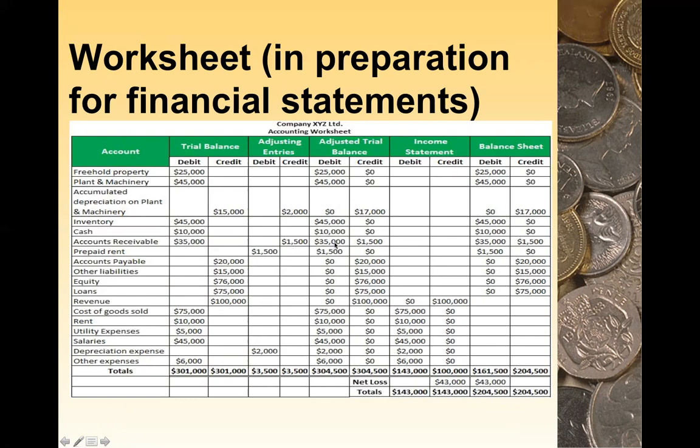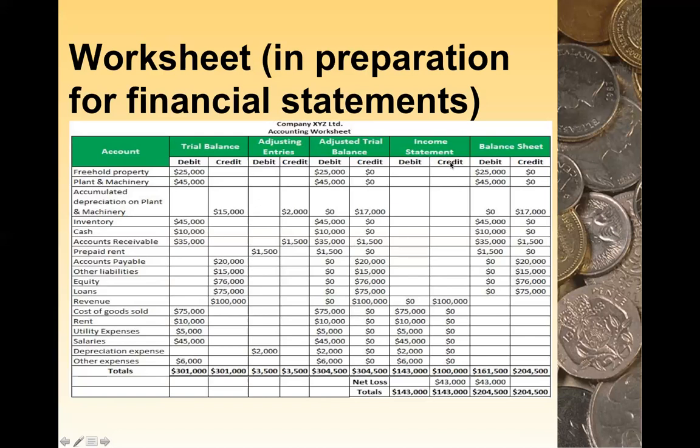So dapat ang lumabas dito ay 33,500. Pero sa adjusted trial balance na sample natin, kinopya lang niya. So kung meron siyang debit na 35, meron ding credit na 1.5. So therefore, okay lang yan. Walang problema, parehas lang siya. So still, once you add up the adjusted trial balance, dapat equal din yan.